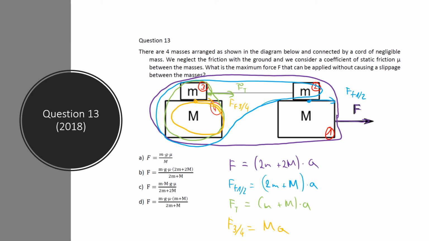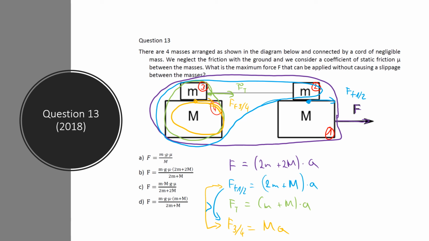And if we look at these two equations where the frictional forces come into play, we see that the blue one, F between 1 and 2, needs to be bigger than this one. So if there's going to be slippage, it's going to be at the interface between 1 and 2.